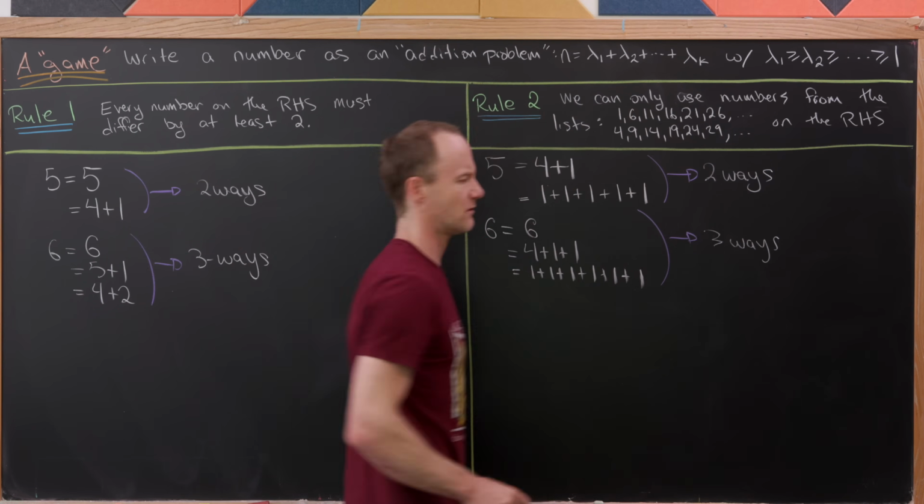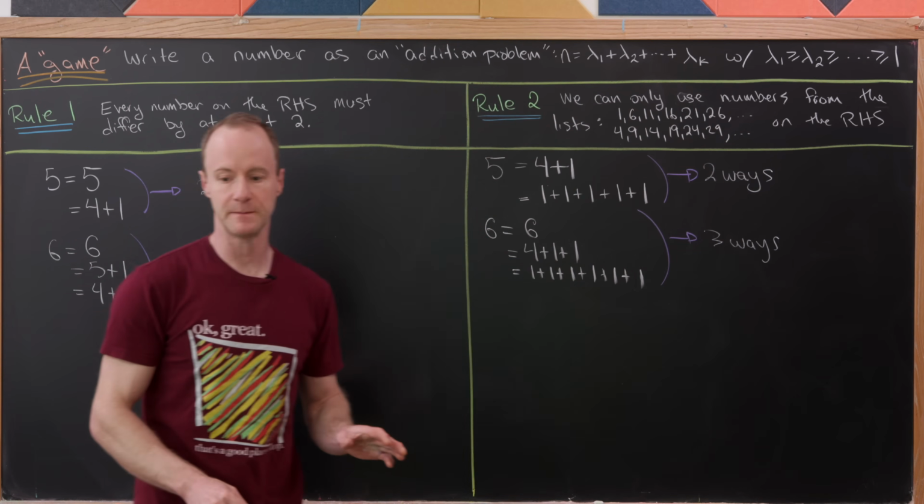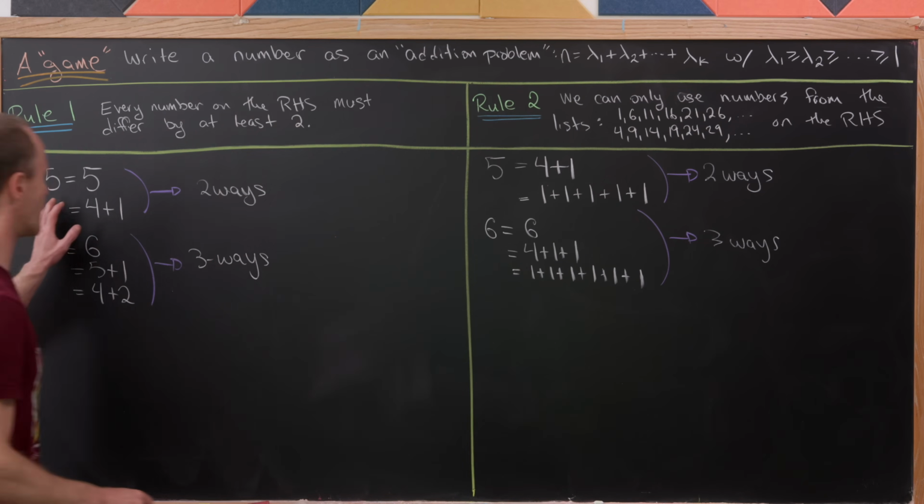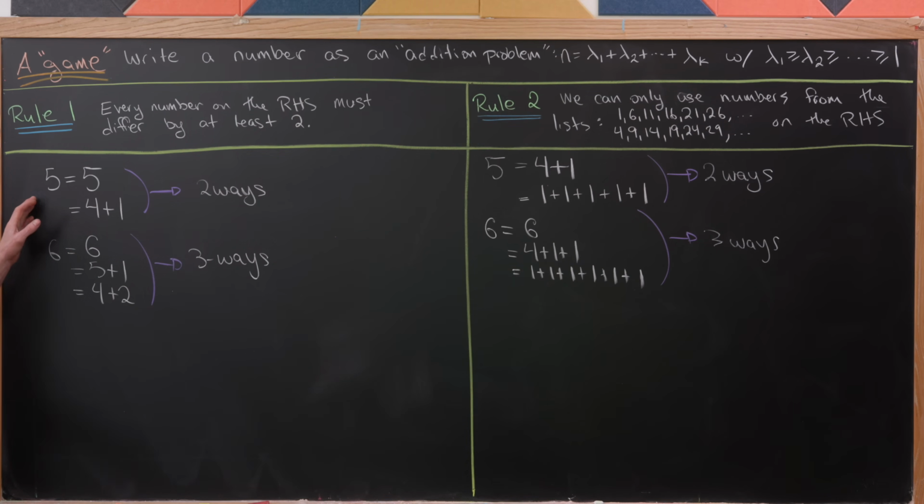Okay, well now something fishy is happening. It looks like the number of ways to decompose a number using the first rule may be the same as the number of ways to decompose a number using the second rule. But let's do one more exploratory example before we make that an official guess.